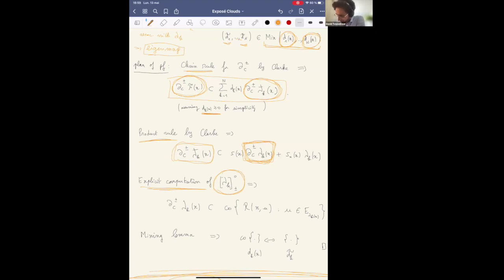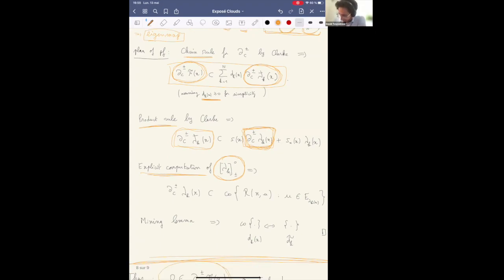With this explicit computation and the classical Hahn-Banach argument, we obtain that these sub and super differentials are a subset of this convex hull. I think I forgot an x here. It's a Fréchet derivative. Then we like to get rid of this convex hull, and we use a lemma from linear algebra that hides the convex hull into the coefficients d_k, and that's how we obtain this d tilde k.